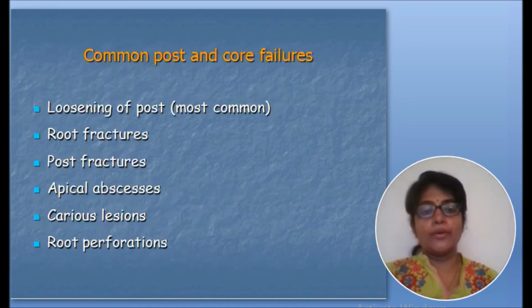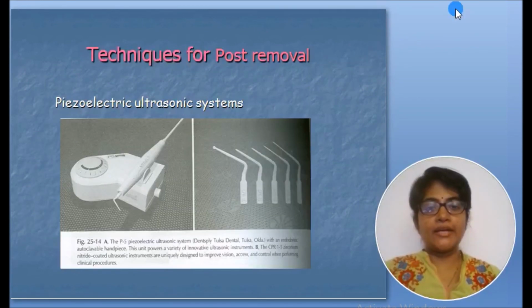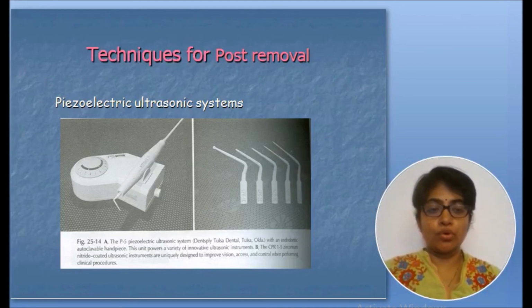Now coming to common post and core failures, there can be many, like loosening of the post, which is most common, root fractures, post fractures, apical abscesses, carious lesions, and root perforations. So there are various techniques for removal of the post if there is a failure of the post and core restoration.